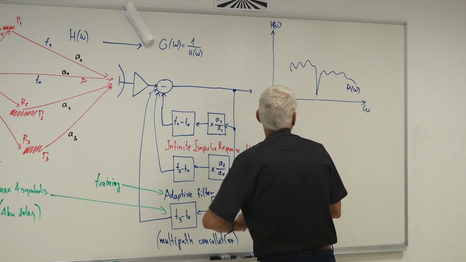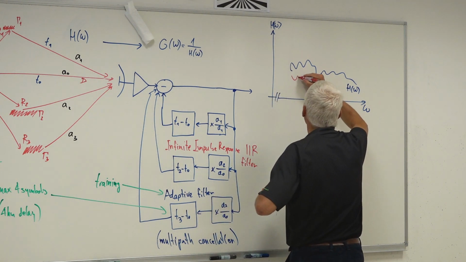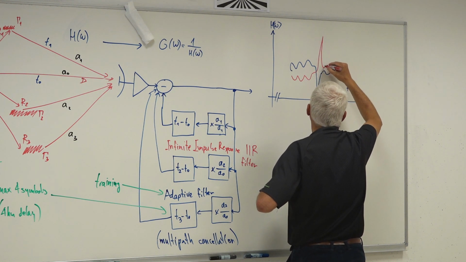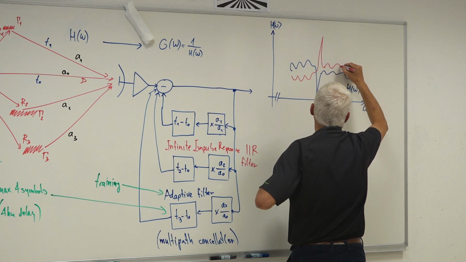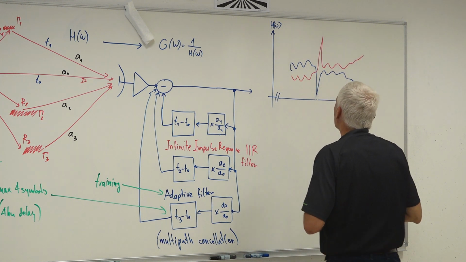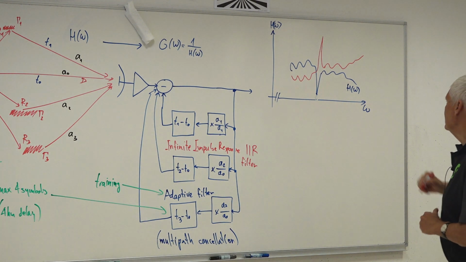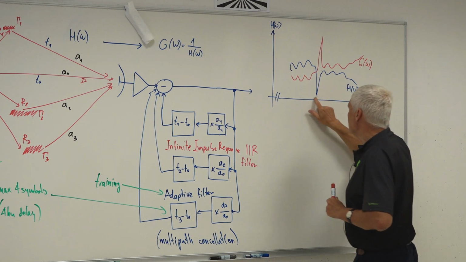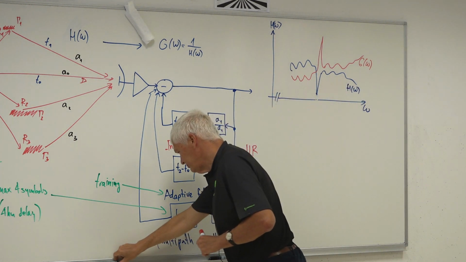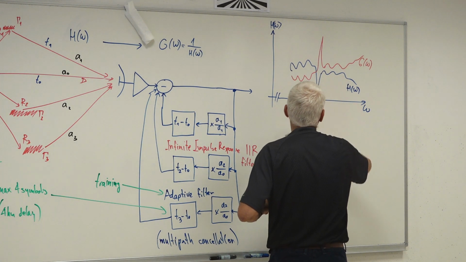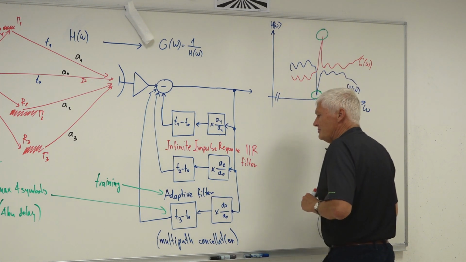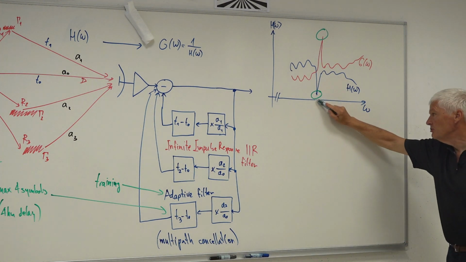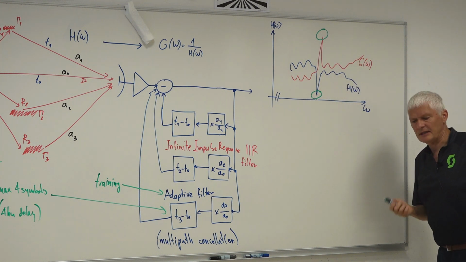So the response of the filter should be something like this. Now, if this is g of omega, what may happen here? If this thing goes to 0, this peak here may become very large. So if this thing actually goes to 0, this goes to infinity, and the filter becomes unstable.